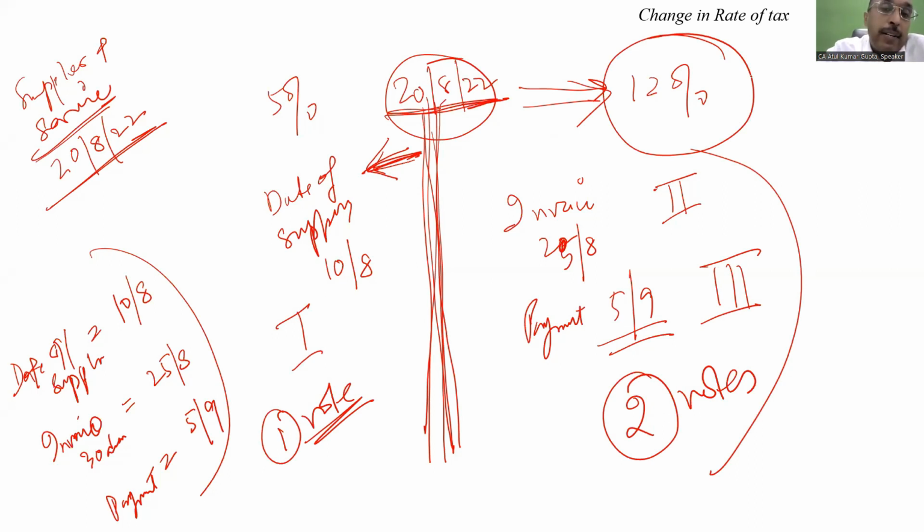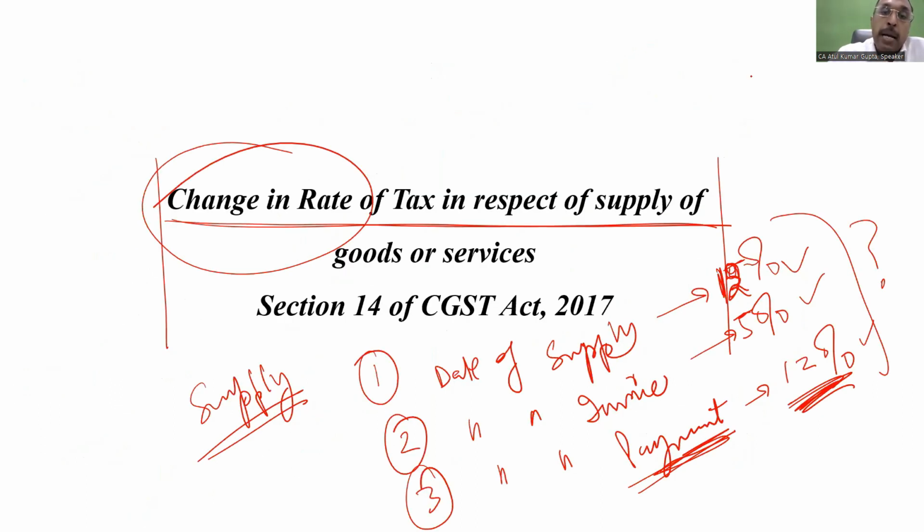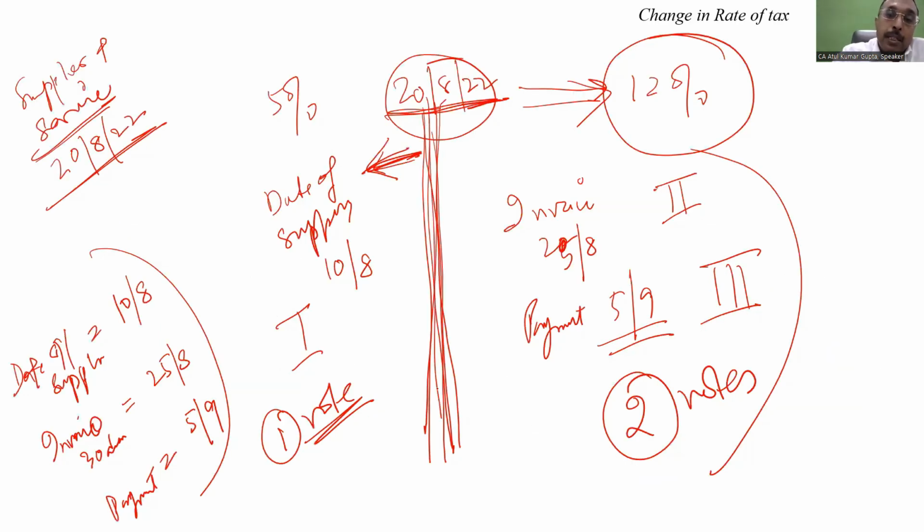My dear friend, whenever you have a situation that there is a change in rate of tax during a particular activity, and you want to learn which rate will be applicable, this is the golden rule. If you read the entire section 14 many times, maybe 20 times, the ultimate clarity will come that this is the golden rule.